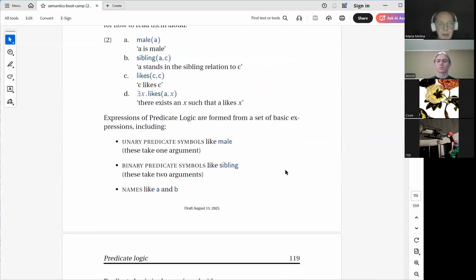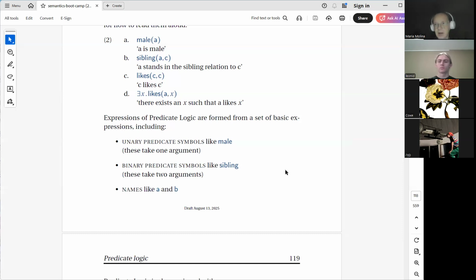So we have predicates, and this is the basic expression, predicate, which matches the idea that predicate lies in the basis of a statement, of a sentence.